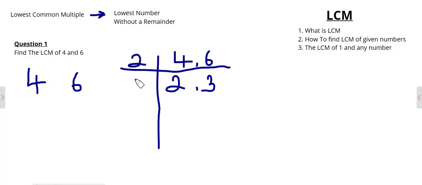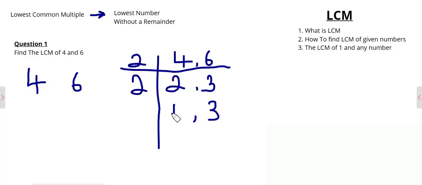Correct? Yes. Now we want to divide until we have 1 left. Next we have to divide again. So 2 divides 2, it will give us 1, and 2 cannot divide 3, so we bring down 3.